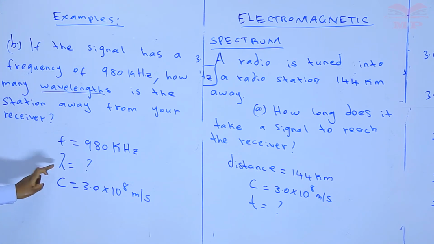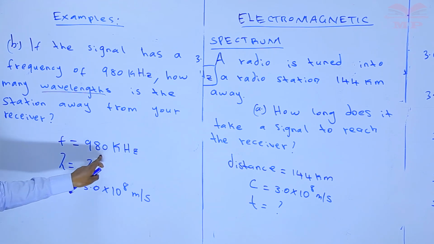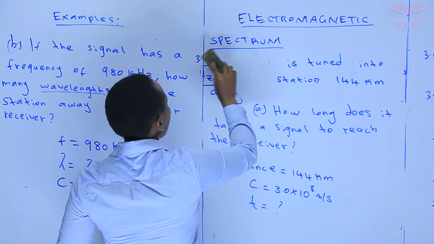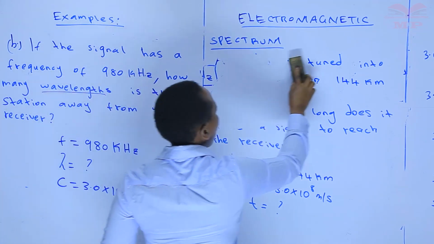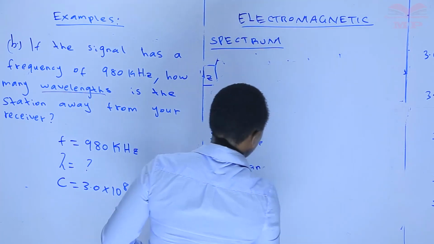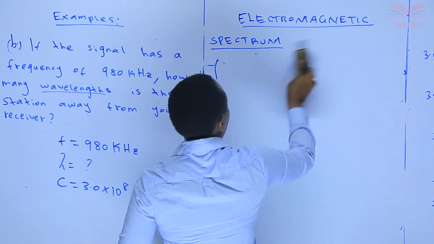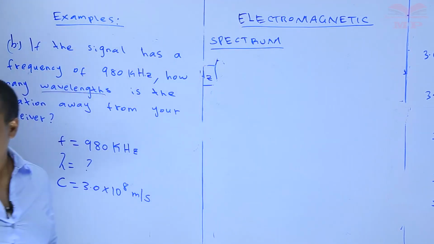We want to calculate the wavelength. We have the frequency and we have the speed. And we know that this frequency must be expressed in its SI unit, which is hertz. So we start by converting. We convert the kilohertz into hertz. 1,000 hertz make 1 kilohertz.